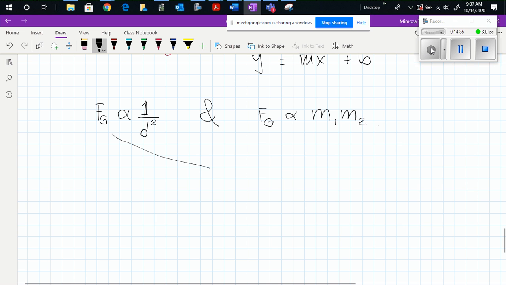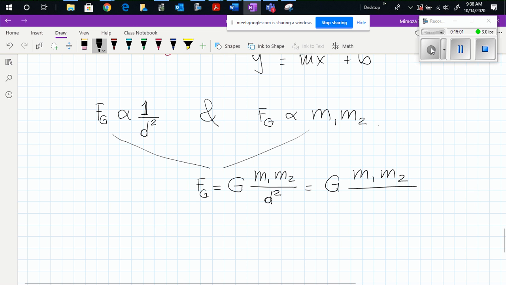When you put those two together and make them into an equation, what you will see is that universal force of gravity is the universal constant, capital G, mass 1, mass 2 over distance squared. In your formula sheet, this formula is capital G mass 1 mass 2 over r squared.